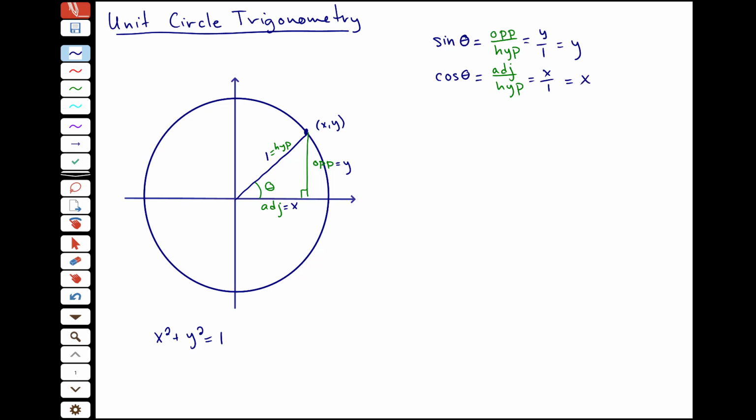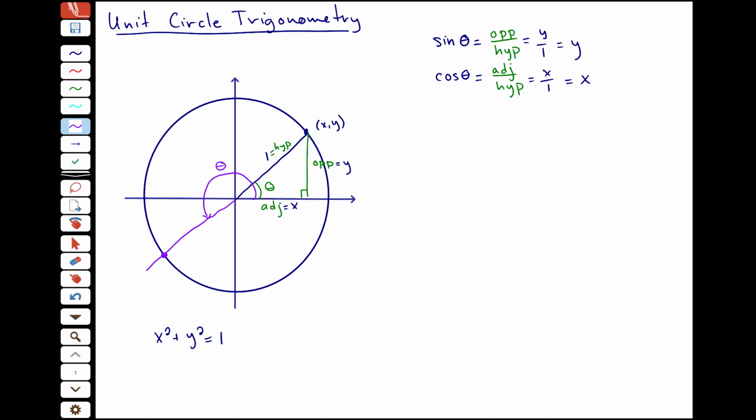So what we do with unit circle trigonometry is for any angle theta, so let's pick another angle. Let's say our angle goes right here. So now this is a different theta. We look at the terminal edge of that angle, and we look at the point where it intersects the unit circle.